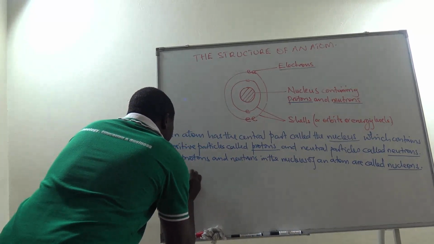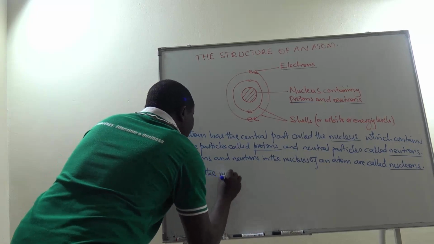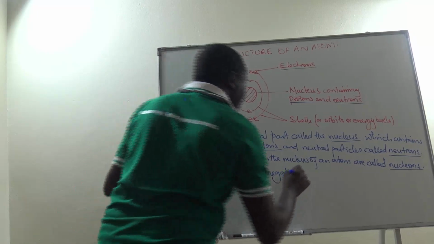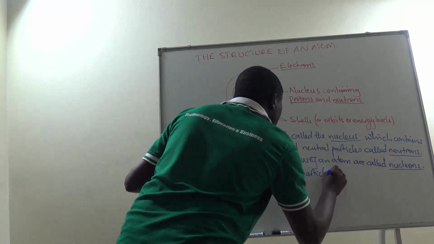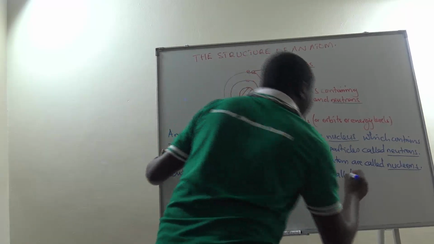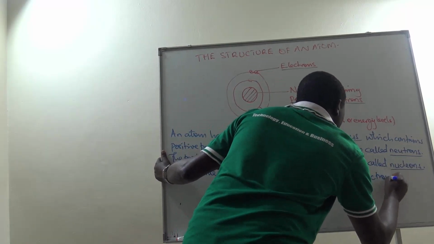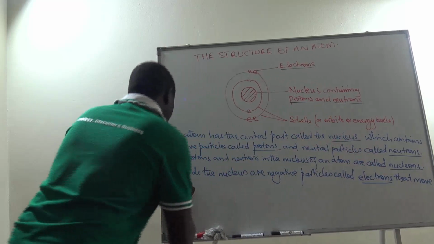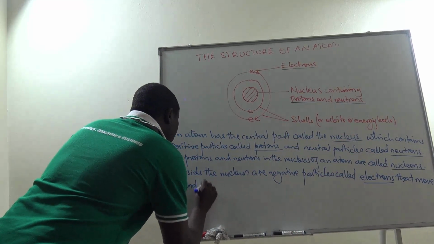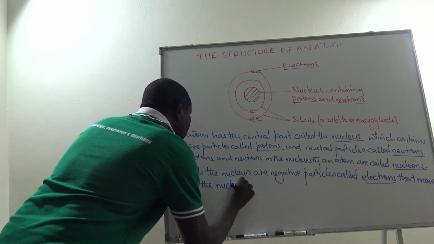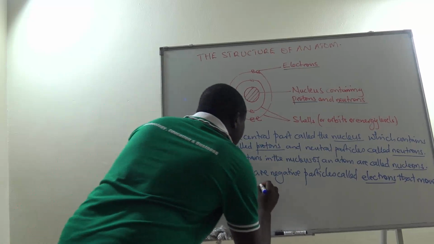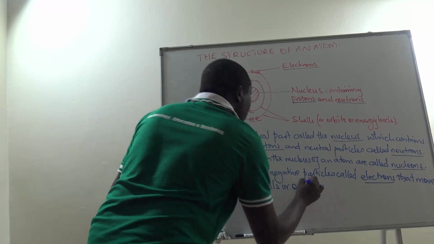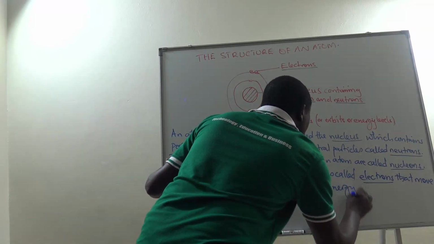So outside the nucleus are negative particles called electrons that move round the nucleus in shells or orbits or energy levels.